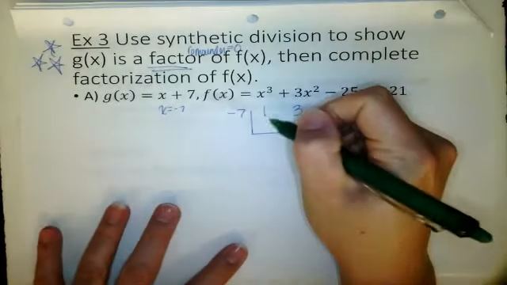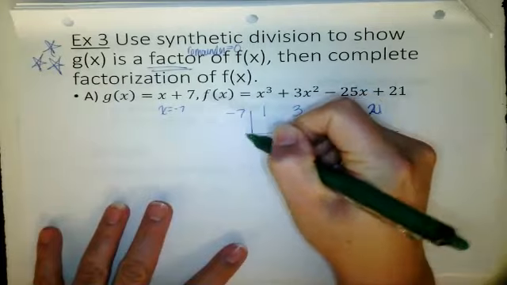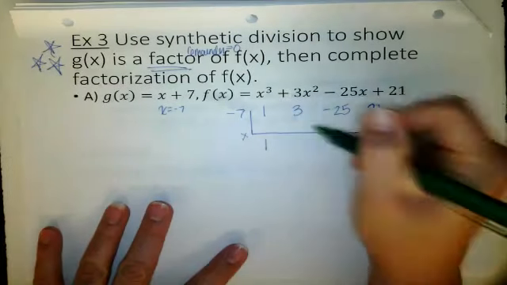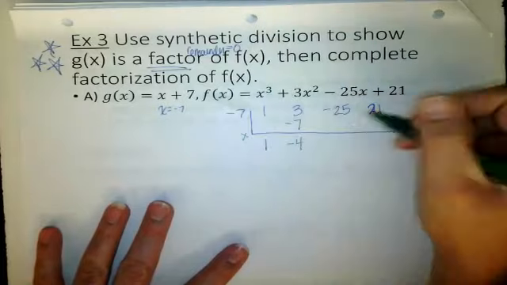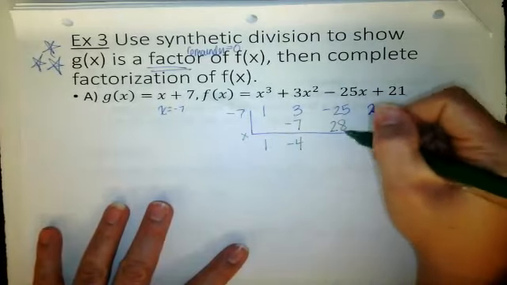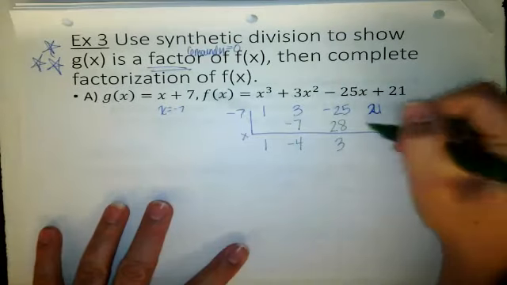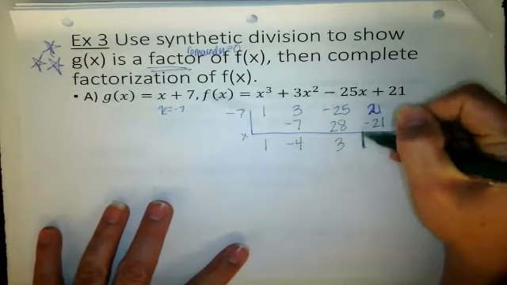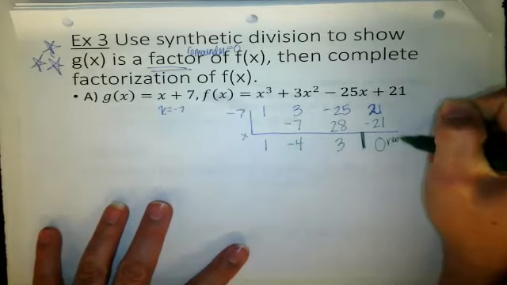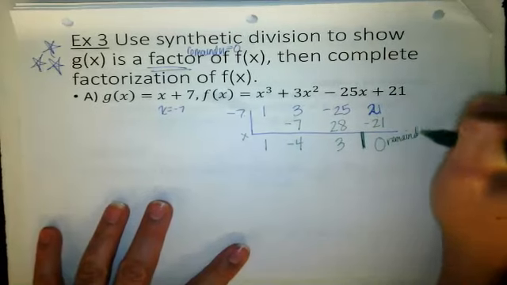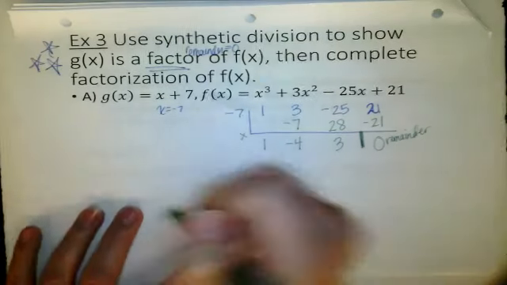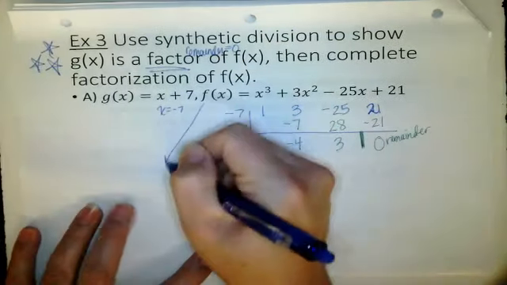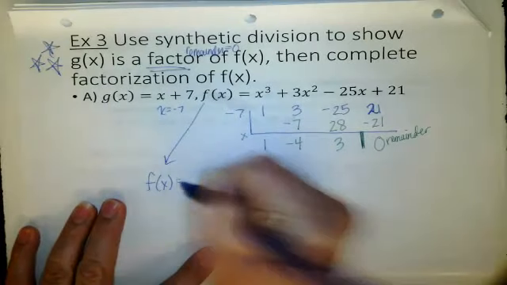All right, 1 and 0 makes 1. We're going to multiply. 1 times negative 7. Combine. Multiply. Combine. Multiply. Remainder 0. Okay. Which means I can write my polynomial f of x as a product.